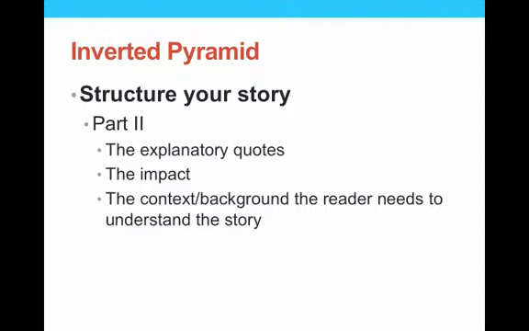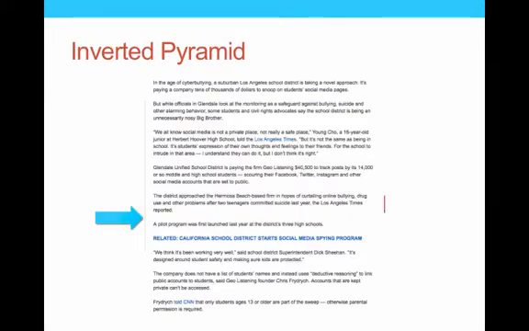And then it's also going to include a little bit more context and background that the reader needs to fully understand the story. So if we look at part two of this story, beginning with "A pilot program was first launched last year in the district's 3 high schools," here you get some background information to say, okay, they didn't just jump in and start doing this without making sure that they knew what the impact would be.